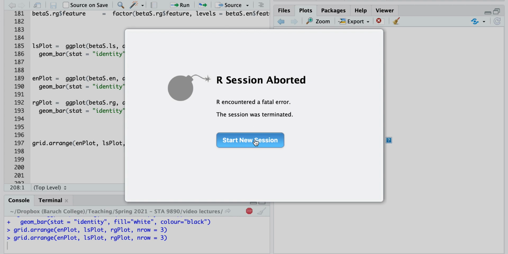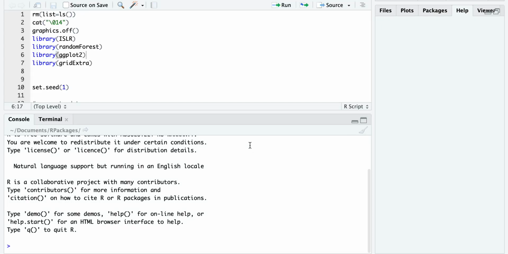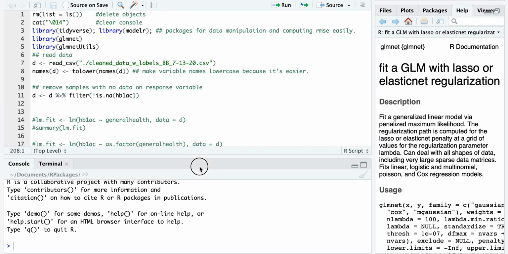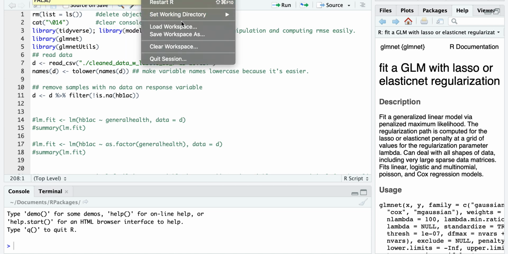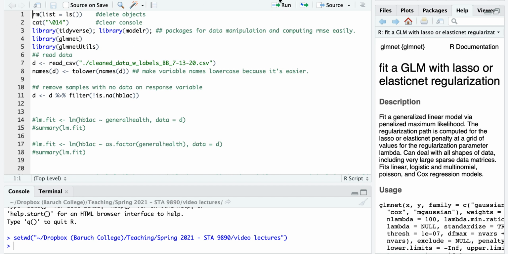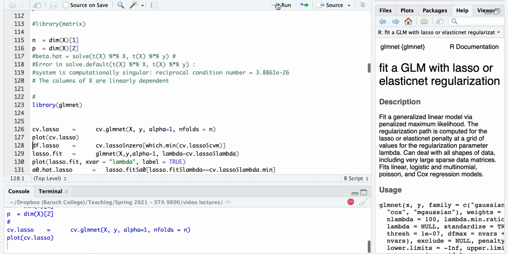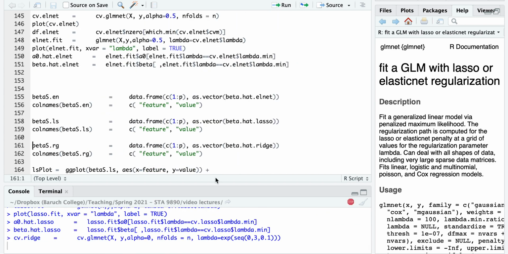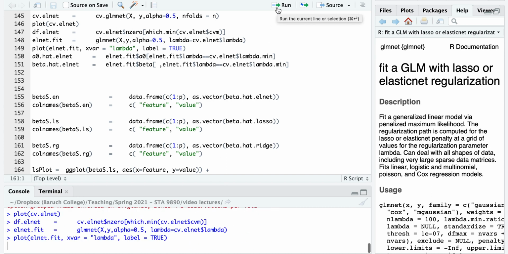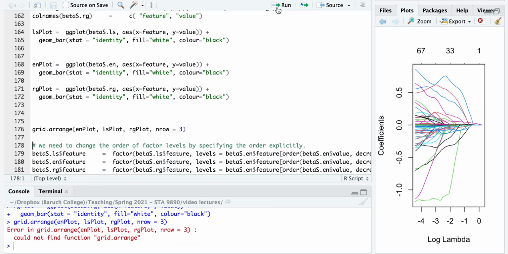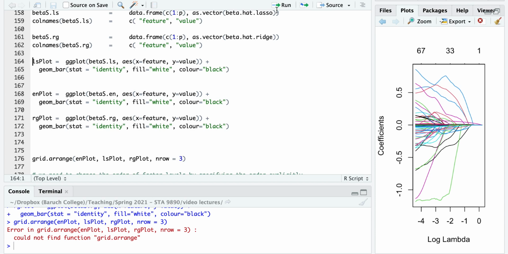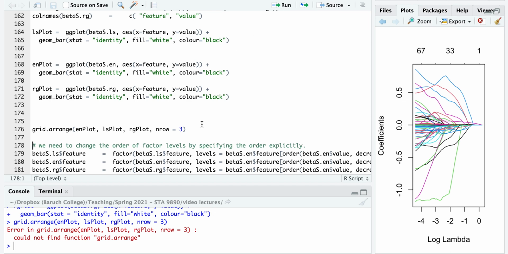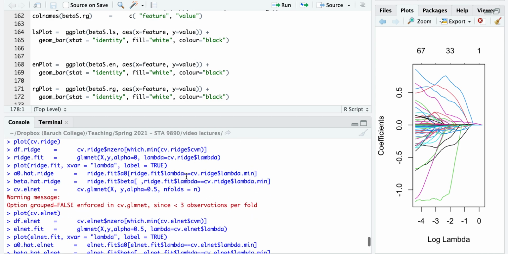Okay, we need to start a new session. What happened to the data range?